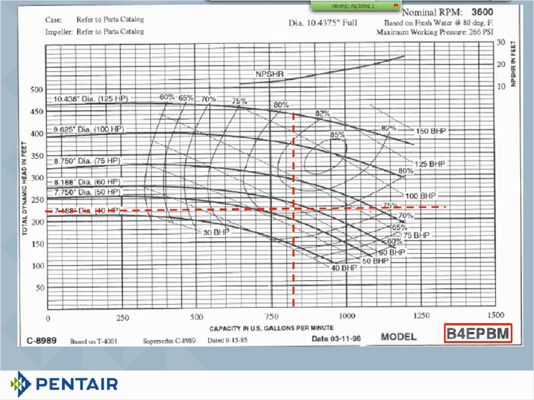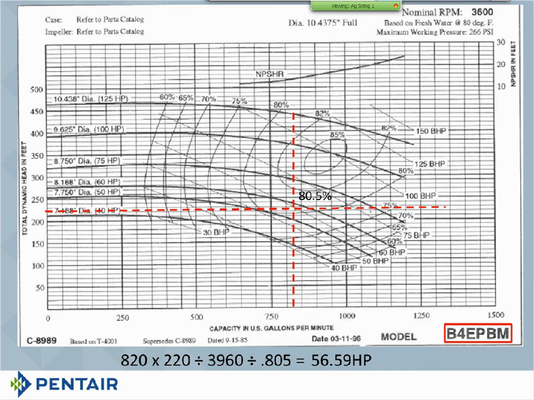Our efficiency is about 80.5%, and again, we're kind of guessing at that. So we take our 820 gallons a minute times the 220 feet of head we want, divide that by 3960, our constant, and then divide that by our 0.805 for our efficiency, and we come up with almost 57 horsepower, 56.59.